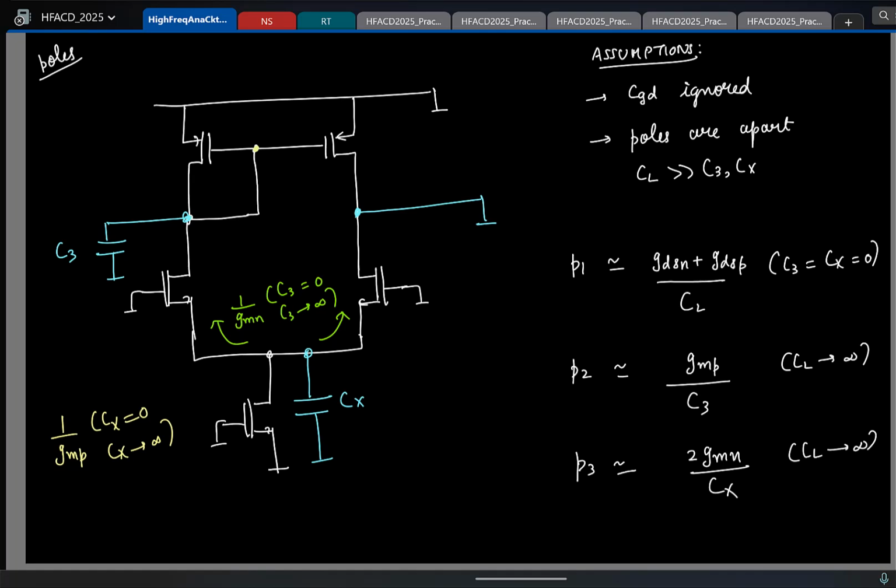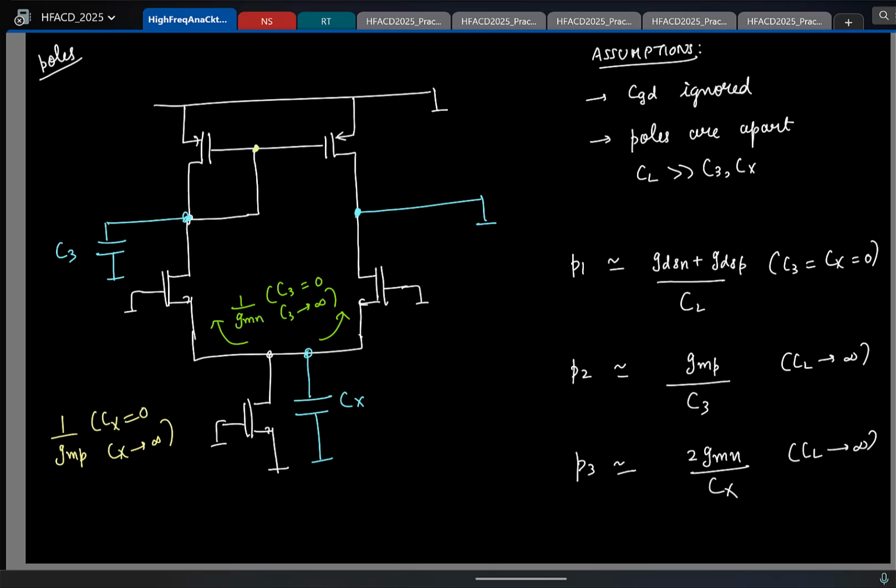We actually looked at the resistance looking into Cx, and we saw that this resistance is roughly the same whether you open C3 or short C3. Strictly speaking, if we exactly calculate this resistance, if C3 is open, it is like looking into the source of a transistor where the drain is at 1 by Gm of the PMOS.